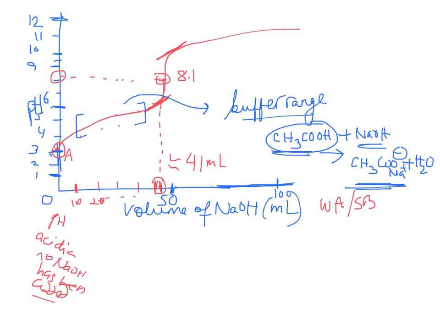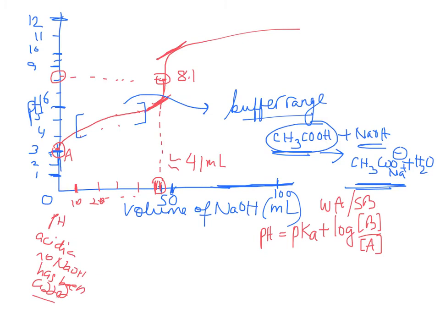And the solution, which is a combination of the weak acid and its conjugate base, is now basically a buffer. And of course, if you wanted to, you can use the Henderson-Hasselbalch equation to determine the pH of that solution. That's always allowed.